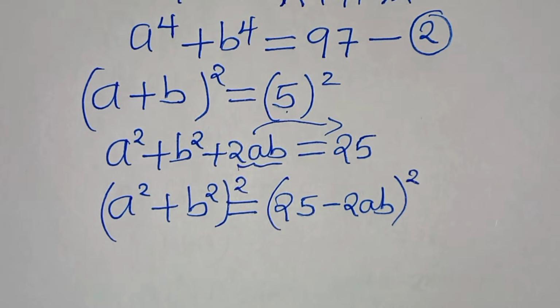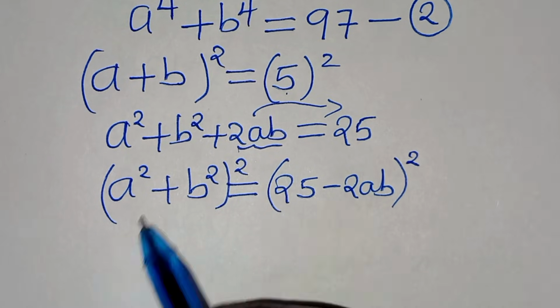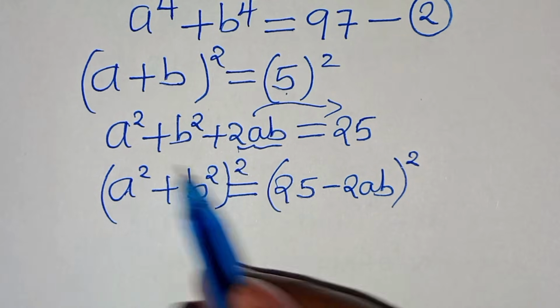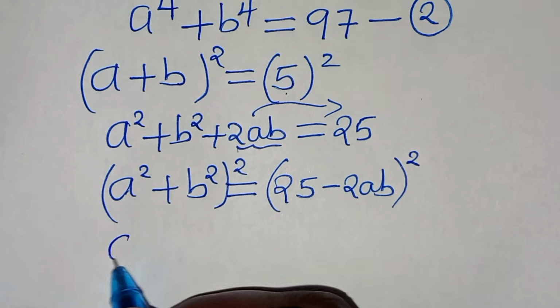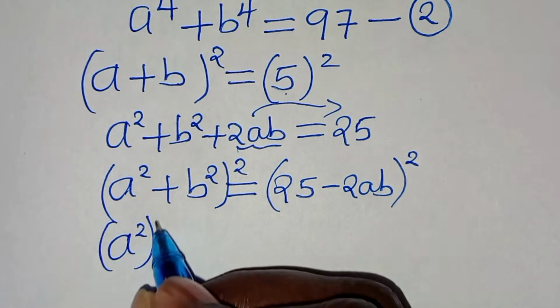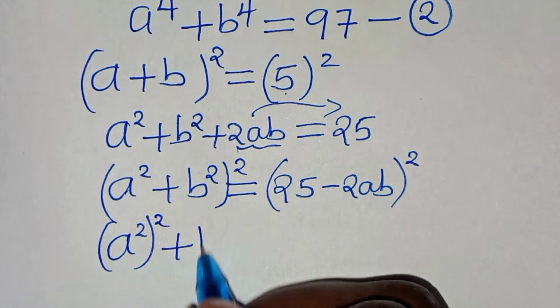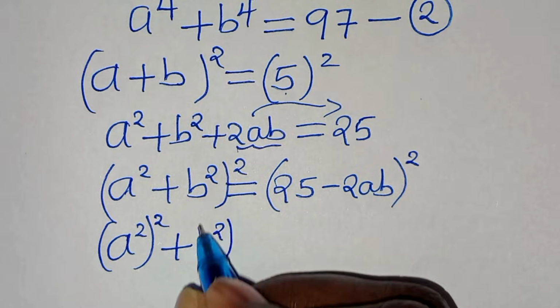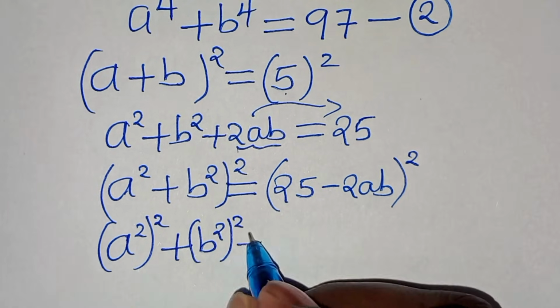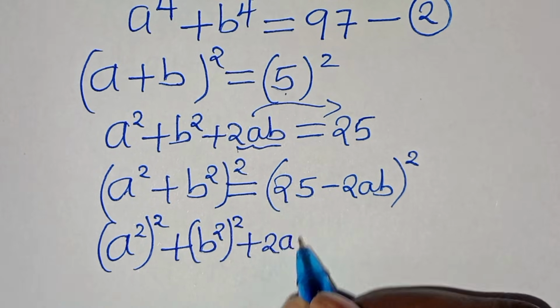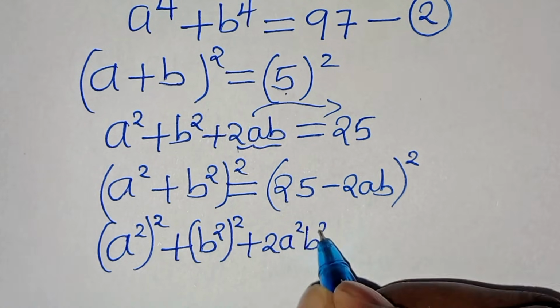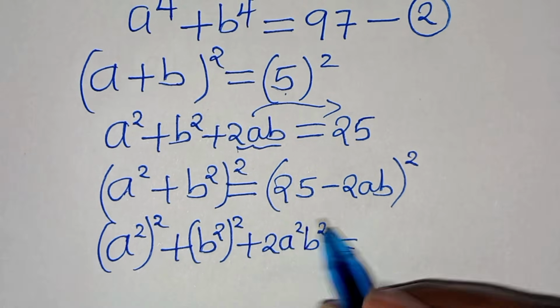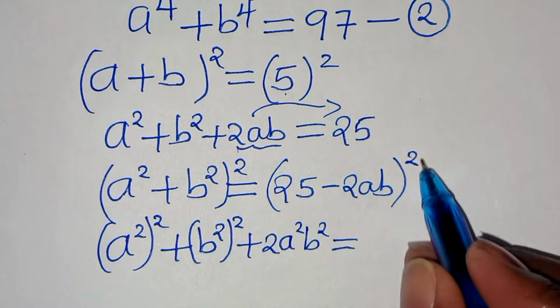Now, the next step again, let's square on both sides again. So that now we have a to the power of 2 raised to the power of 2, then plus b to the power of 2 raised to the power of 2, then plus 2 times a squared times b squared. This is equal to 25 minus 2ab to the power of 2.